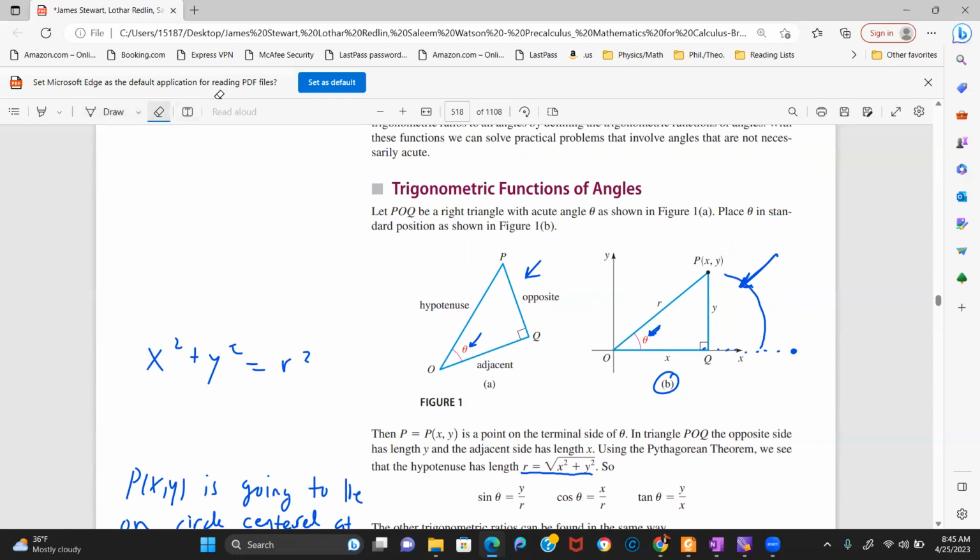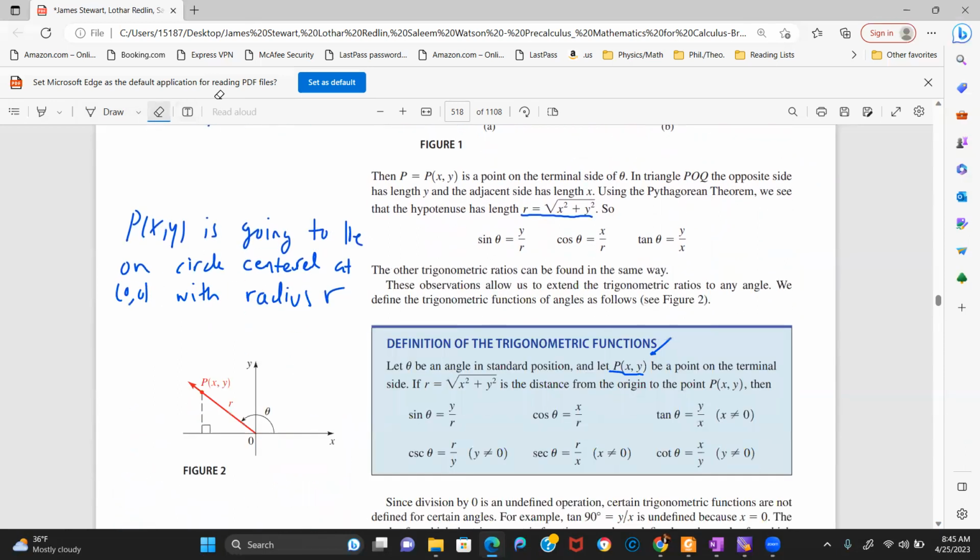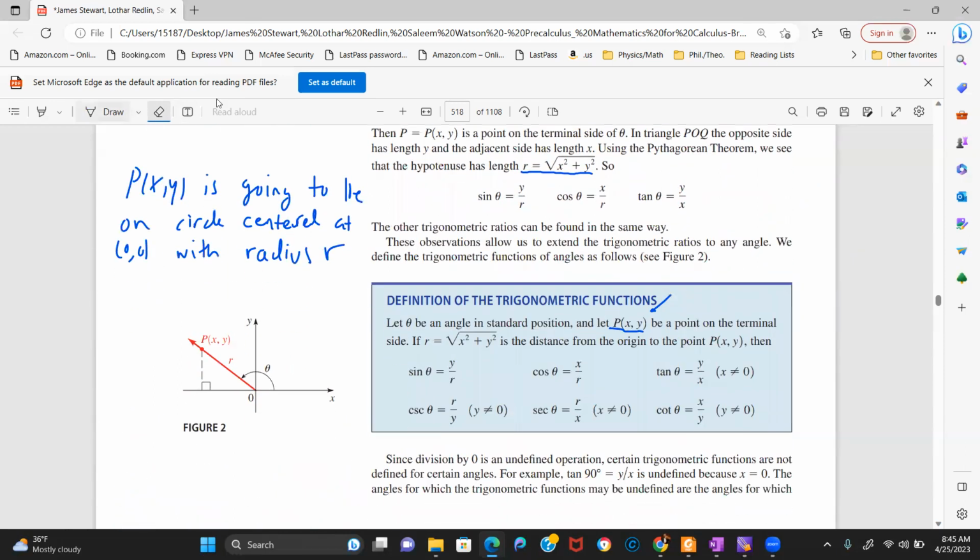Let me clean this up a bit. So to define these, just to start over, you take an angle and rotate. The x-axis is going to be your initial side. You rotate the x-axis through an angle of theta. This will give you another ray in the xy plane, say like this right here.